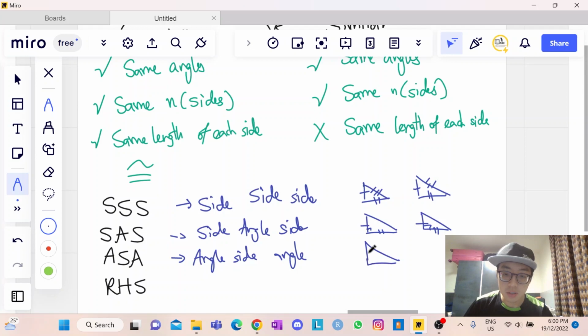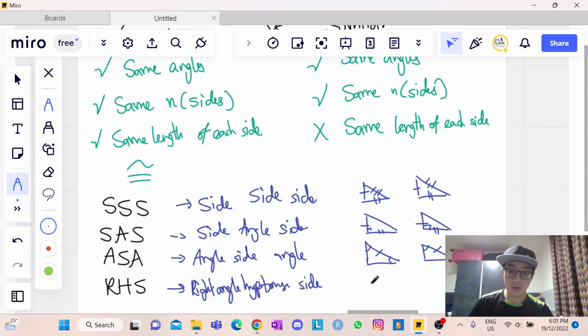As you can see here, angle, side, angle, they must be the same. And last but not least is the right angle, hypotenuse, side. The right angle is here, the hypotenuse is here.